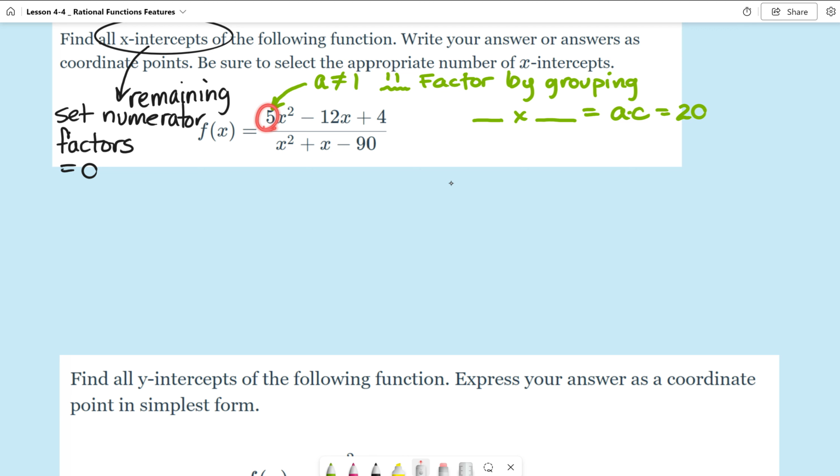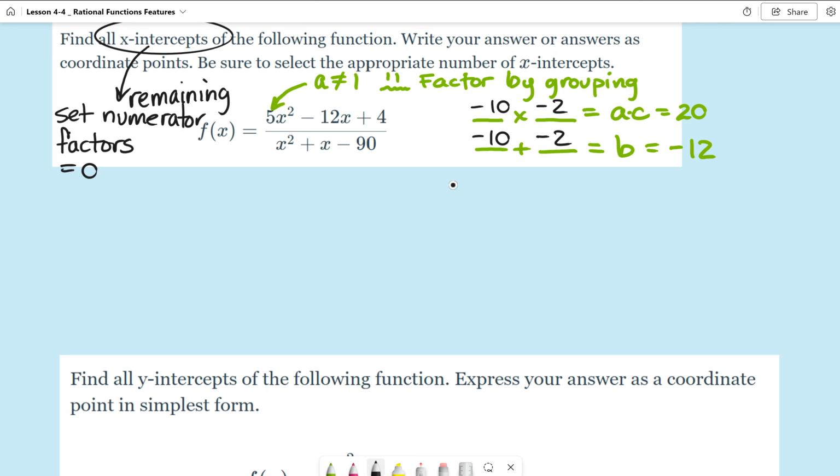So I'm focusing on this and this. And then the other question is, what plus what would give me the middle term, b? And in this problem, the middle term is a negative 12. After you play around with some numbers, you will discover that negative 10 times negative 2 satisfies both scenarios.